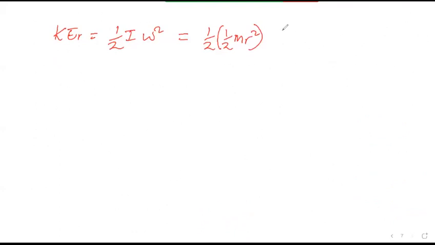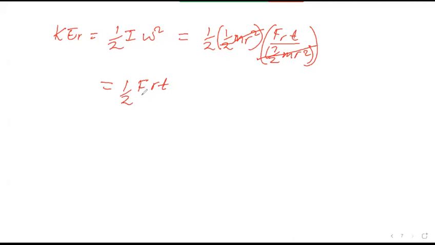So we are going to multiply by F R t over half M R squared. Here, this and this will cancel. We shall have half F R t as our rotational kinetic energy.